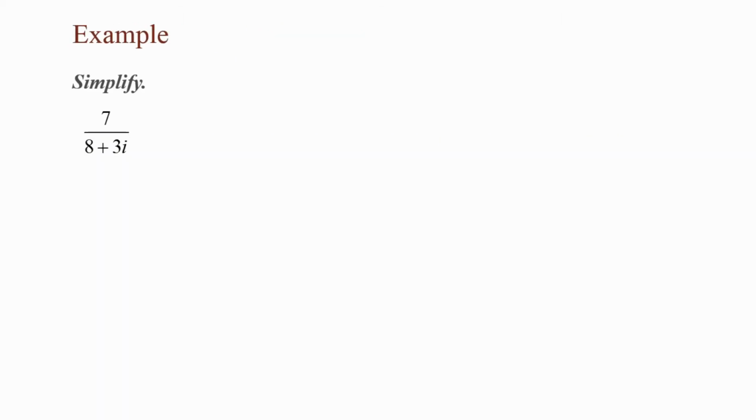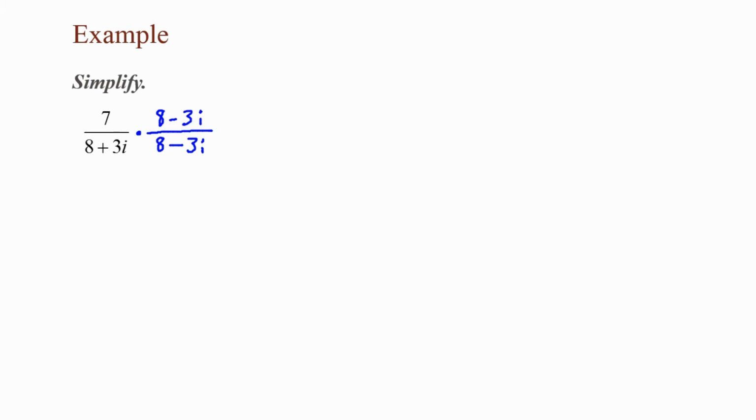In this example, simplify 7 divided by 8 plus 3i. If I multiply 8 plus 3i by its complex conjugate, it will result in a real number. So I want to multiply by 8 minus 3i. If I multiply the denominator by 8 minus 3i, I have to multiply the numerator by 8 minus 3i.